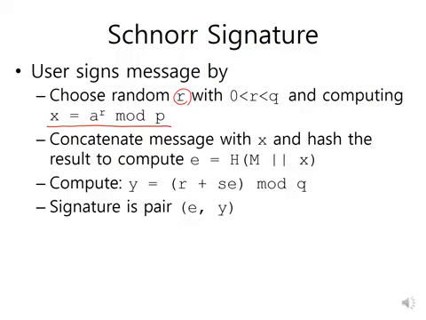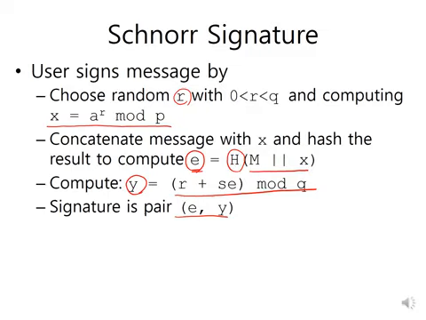Then concatenate the message m with x, then hash the result. Let's denote the result as e. Then compute y. y is r plus s e mod q. Then e and y would be the signature pair. H of m concatenated with x, and r plus s e mod q are the pair of the signature.